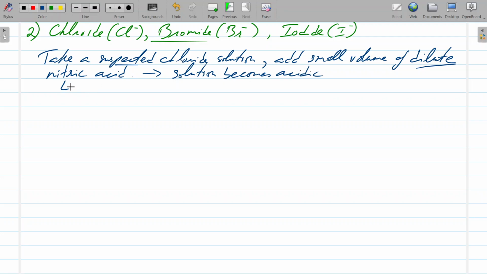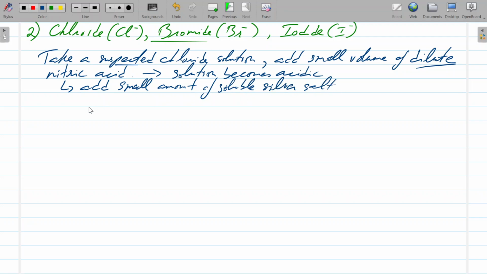Then you add a small amount of a soluble silver salt.